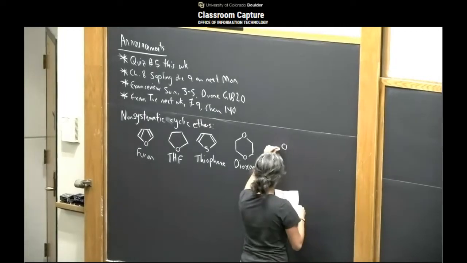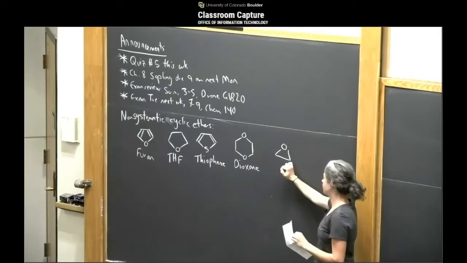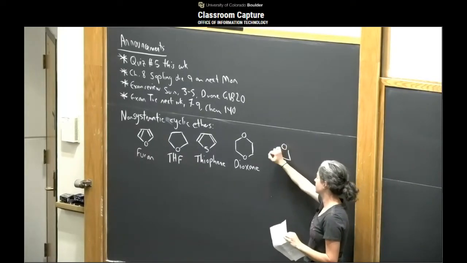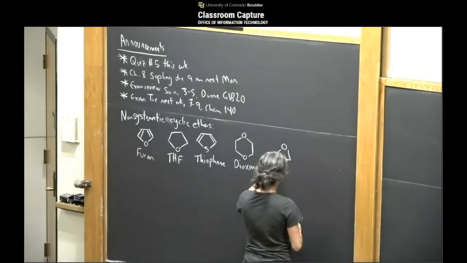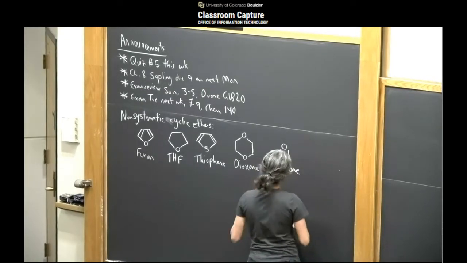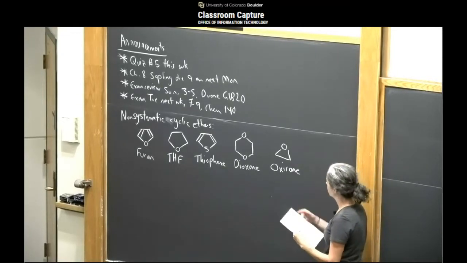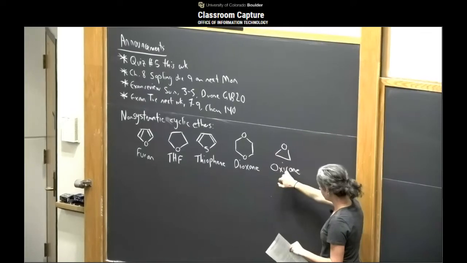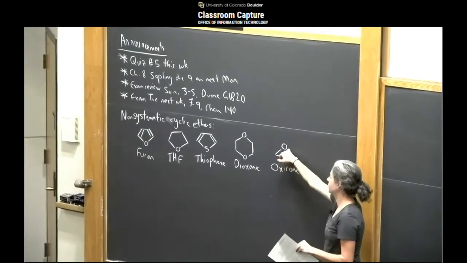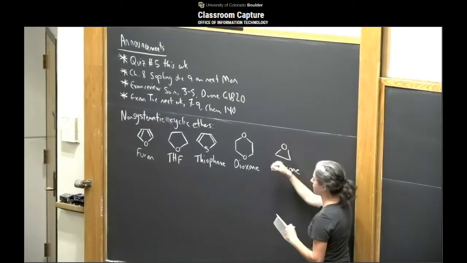And then this one, the name for this compound itself, specifically a ring with an oxygen, a CH2, and a CH2, is actually oxirane under the naming system for rings, Hantzsch-Widman. But this is one example of a specific type of ether that's cyclic, but also just a 3-membered ring.